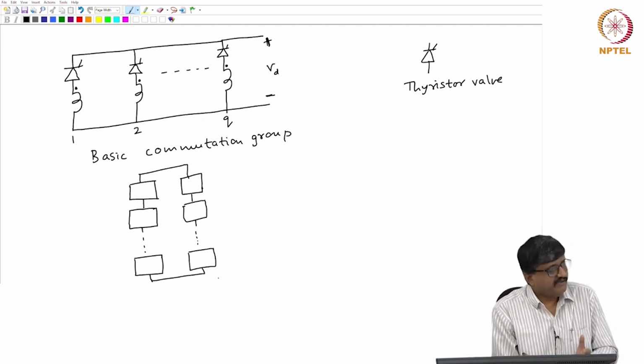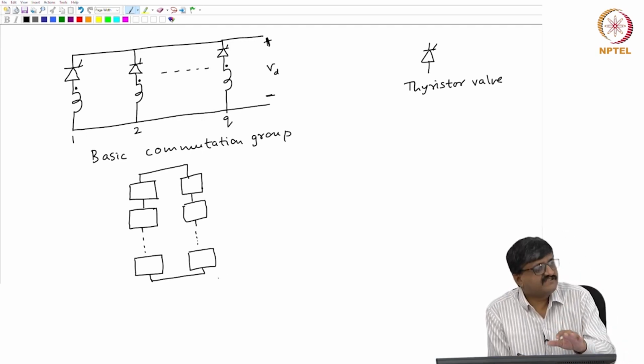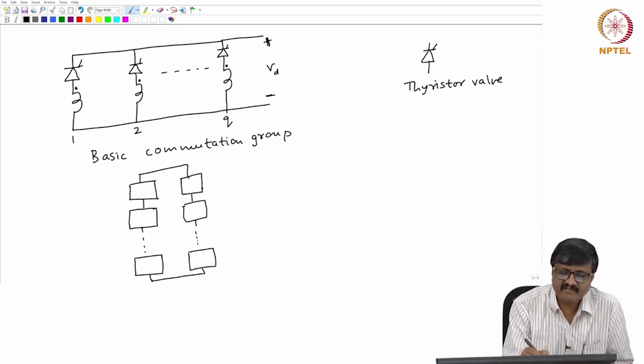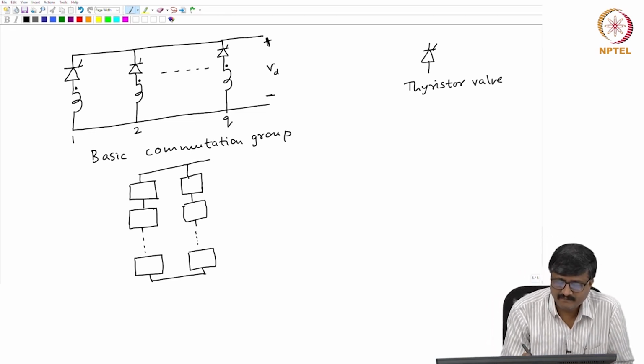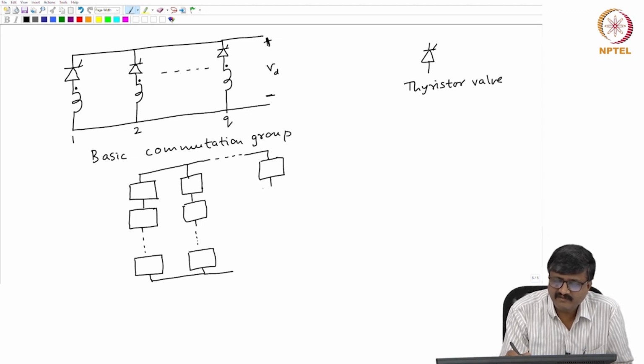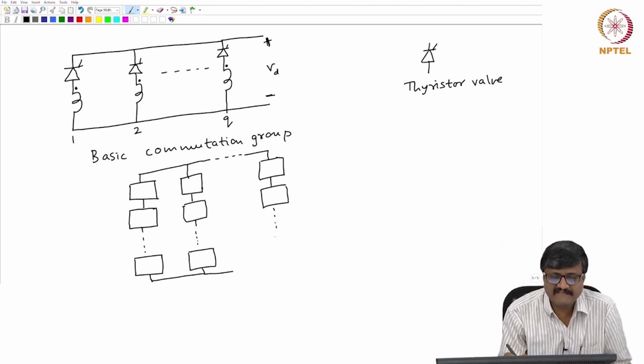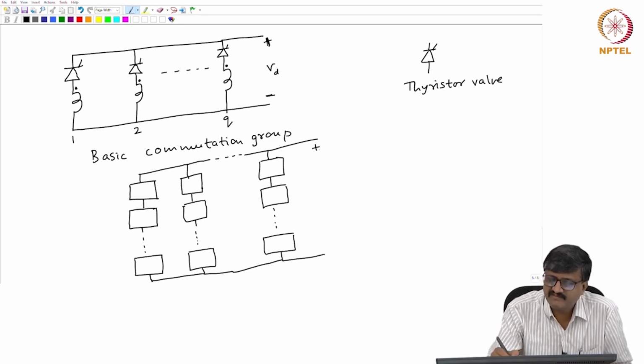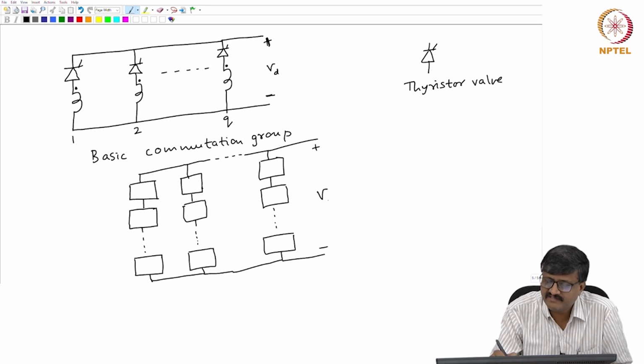Now, I take many such identical series combinations, except for the voltage phase shift, and connect them in parallel. Each box which I am showing here is a basic commutation group. So, there are Q thyristors and Q transformer windings in each of these boxes. And finally, I call these two terminals the DC side terminals, and the voltage across them is VD.